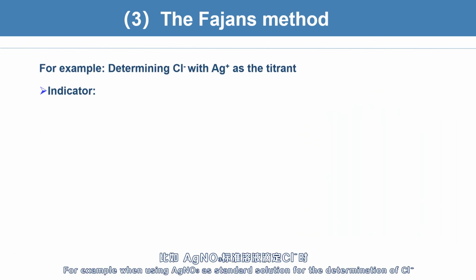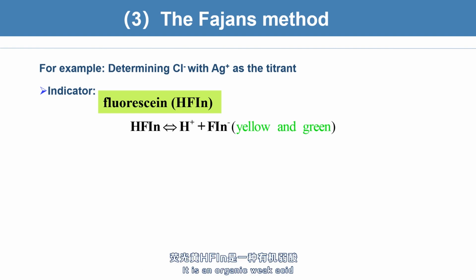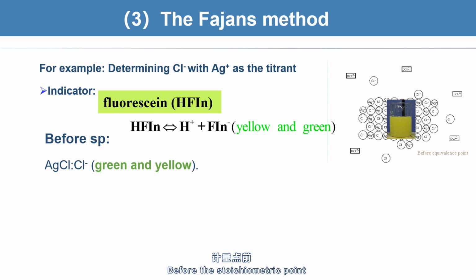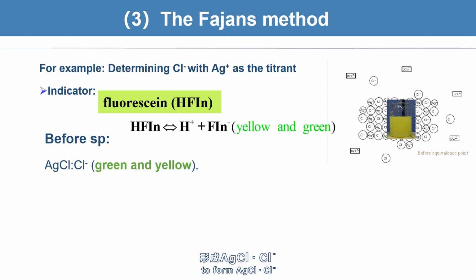For example, when using silver nitrate as standard solution for the determination of chloride, fluorescein can be used as indicator. It is an organic weak acid, dissociating in solution and yielding yellow-green anion. Before the stoichiometric point, silver chloride is precipitated and adsorbed extra chloride in the solution to form a complex.